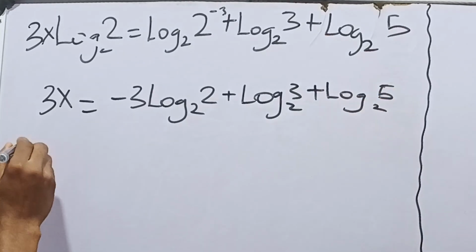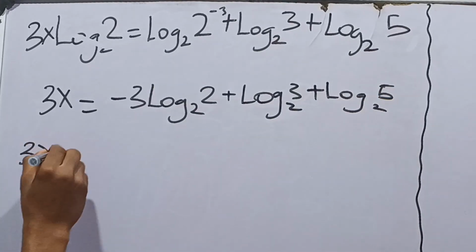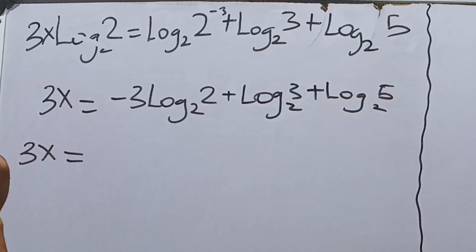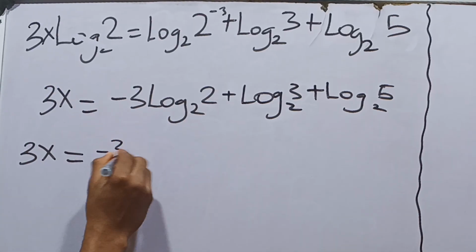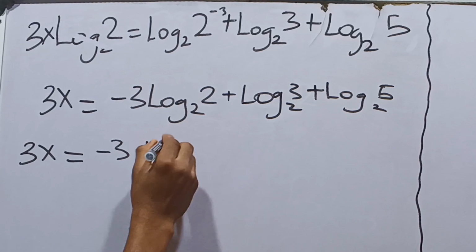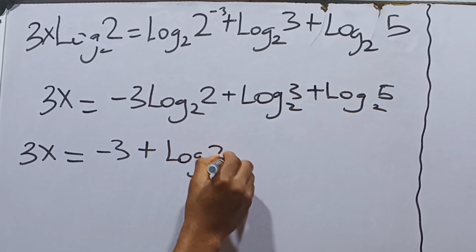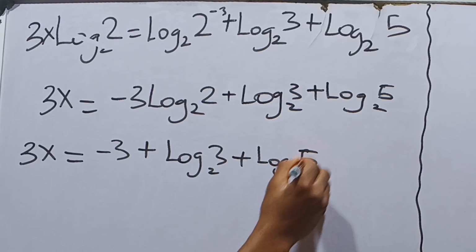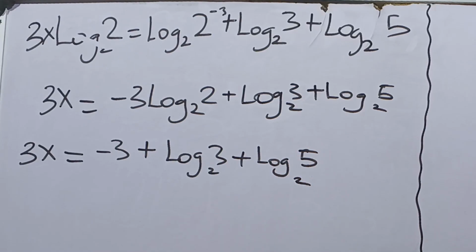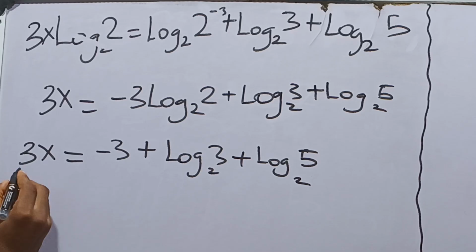Okay, so 3x now becomes equal to negative 3 multiplied by, this is 1 times negative 3, which is negative 3, plus this is logarithm of 3 to base 2 plus logarithm of 5 to base 2. Okay, now moving on from here, you can divide both sides by 3.